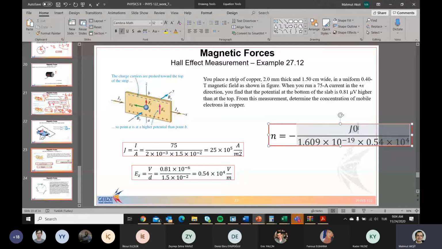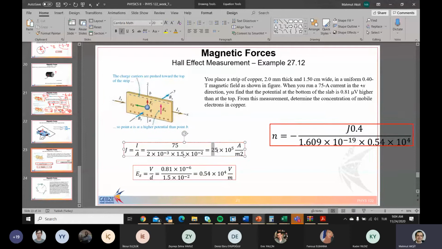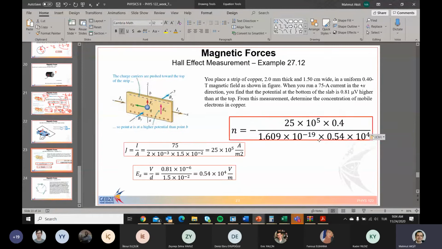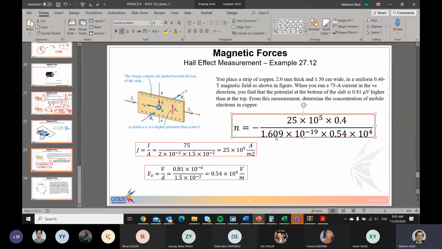So you just put 0.4. And current density is given as, we found it as like this. So you can do the rest of the calculation. There's a minus sign here because it's electrons, so you get a positive value for the number of particles per unit volume, which is the concentration of the mobile electrons in copper.